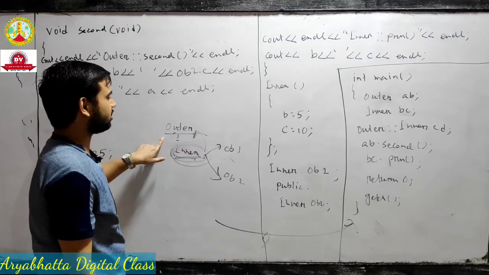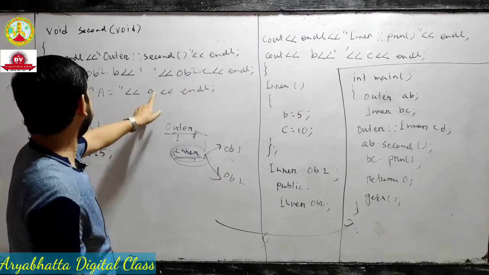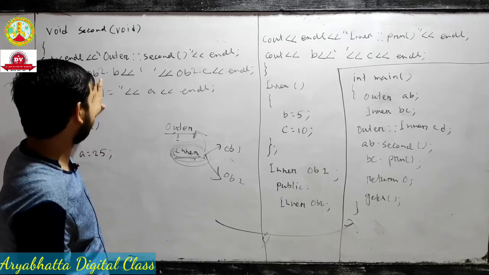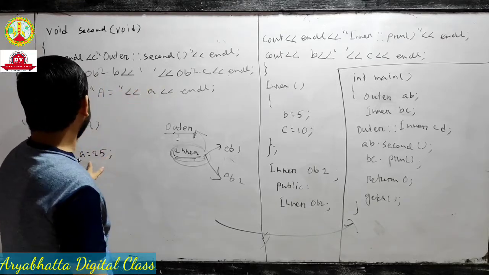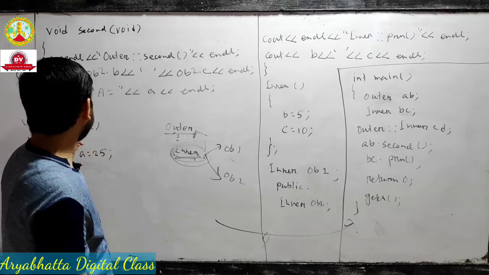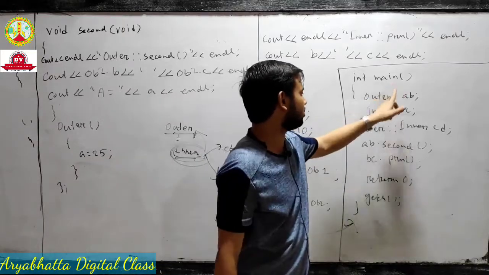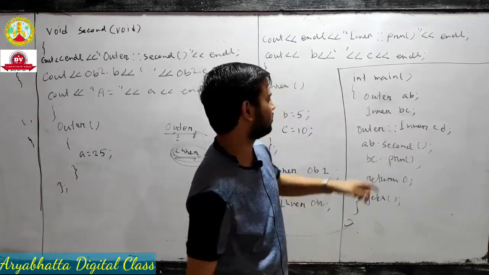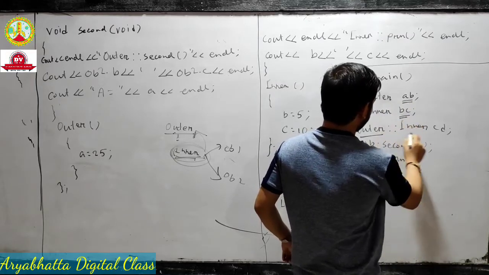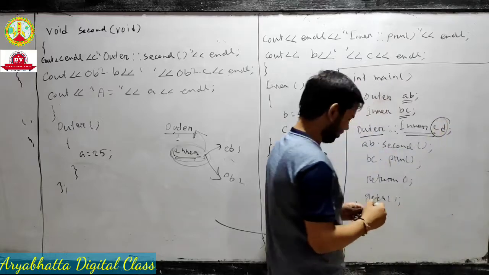That's why we use both objects with respect to inner, object 1 and object 2. Object 1 and object 2 access the data member value, and A, the capital A and small a, is the value for the parameter of the outer class member function. And last, under the main function, we take two objects mainly: one is outer AB, inner BC, and outer and inner both with respect to each other, CD.